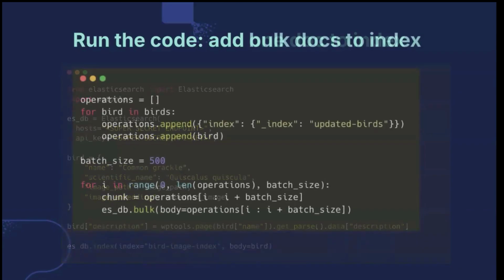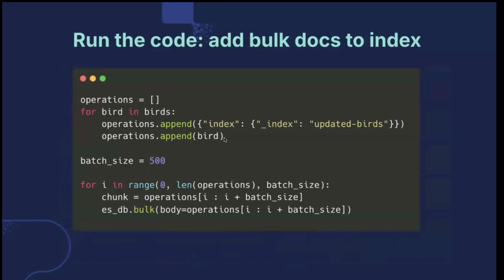So of course, I'm going to want to do a bulk because I had approximately 84,500 birds that I needed to enter in here. So this is our client command to actually add in bulk our documents. It's kind of an interesting way.